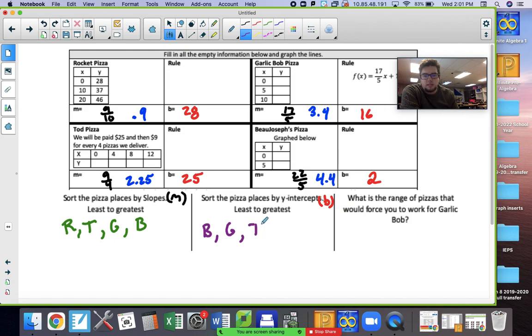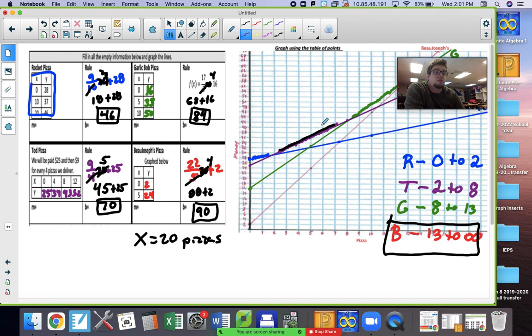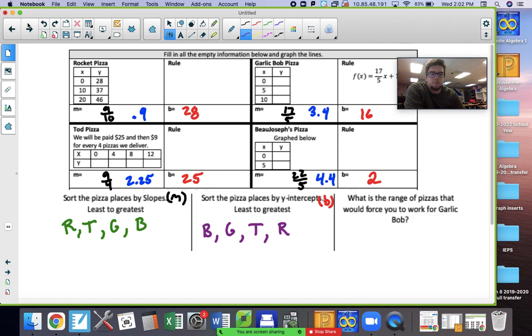Next lowest, Todd Pizza. And last lowest was Rocket Pizza. Yes, they're exactly backwards. That's how I could get our lines to where each individual company was best at some point. Best here, then here, then here, and then final. That way it could be a compelling problem.